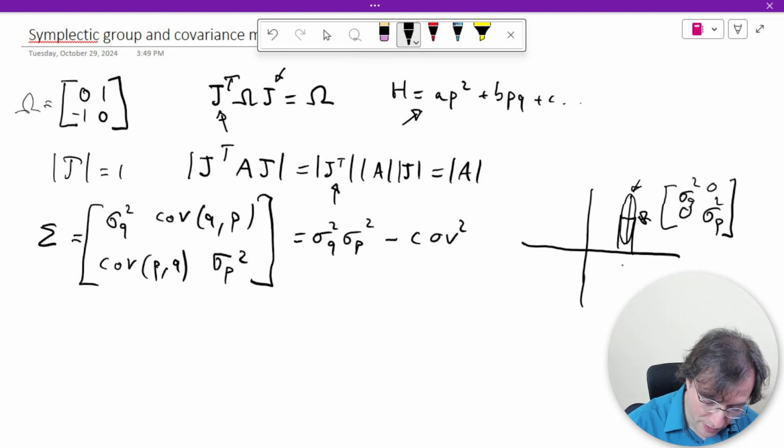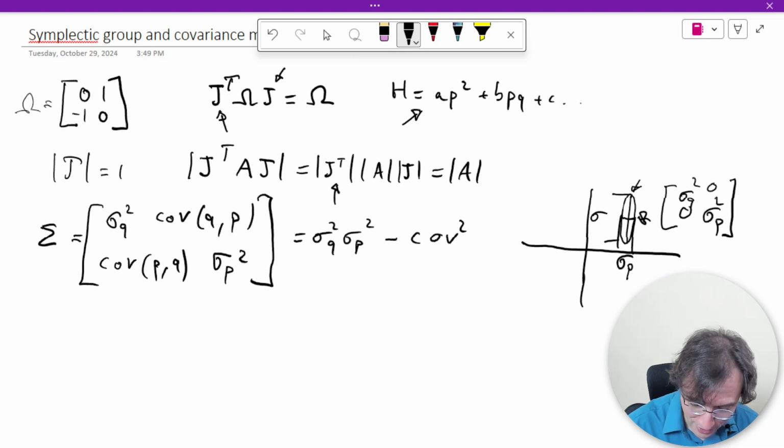This here would be your sigma q, because this is position, and this is your sigma p, because this is momentum. And there you go.